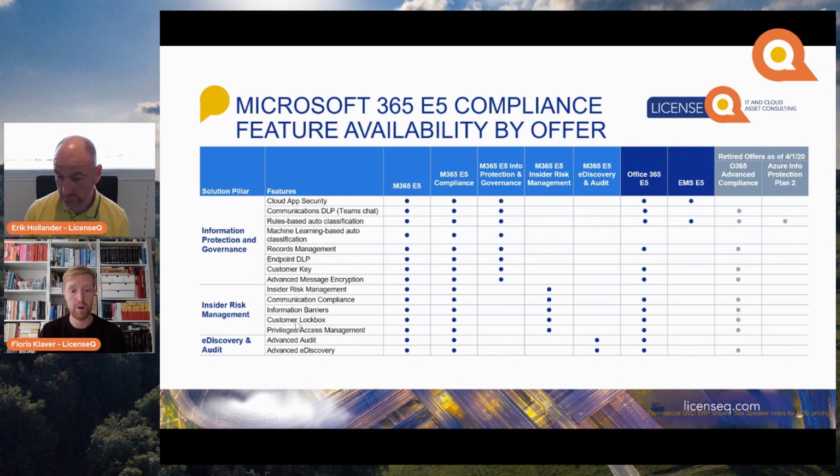Similarly, with Customer Lockbox, Microsoft offered that free of charge. They moved it first into advanced compliance, and then they said, we will package it now in insider risk management.